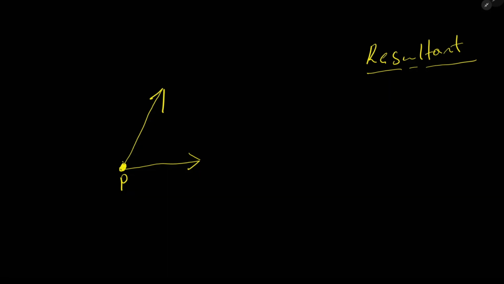Now let's say that we're giving these some values. Say this has a pulling force of 5, and this has a pulling force of 6. So we have force 1 here, and force 2 here.